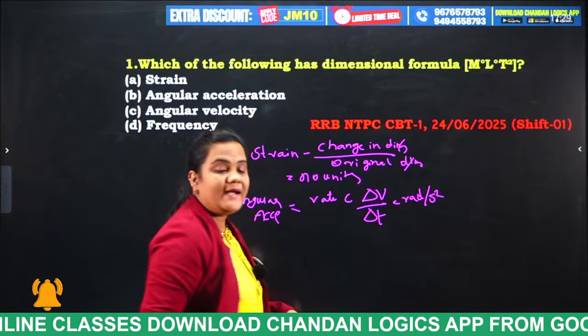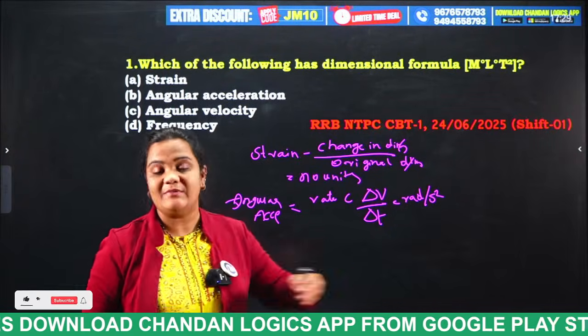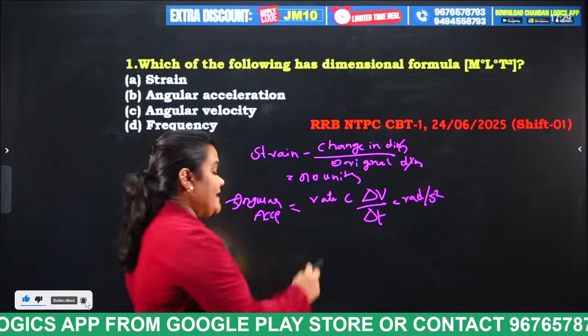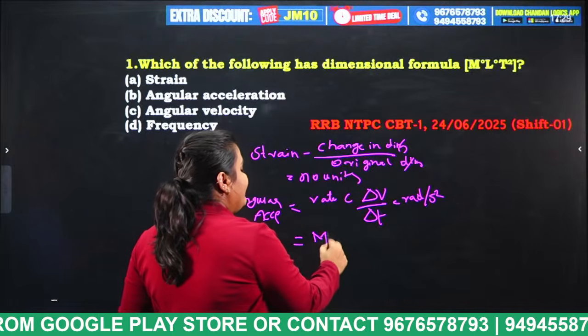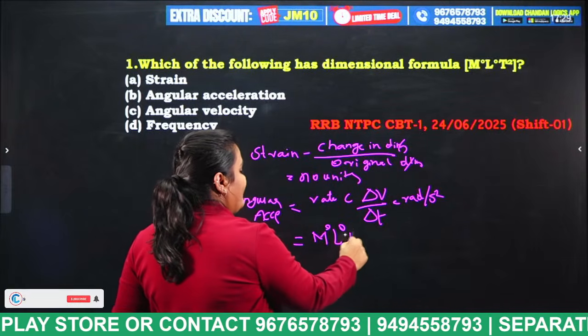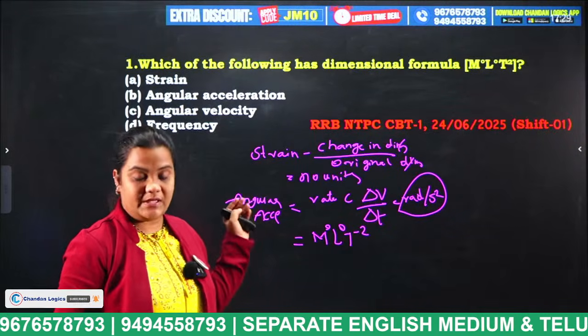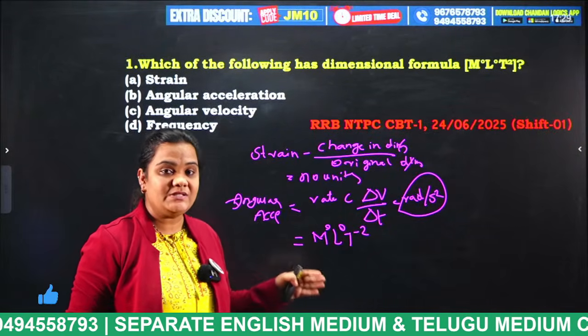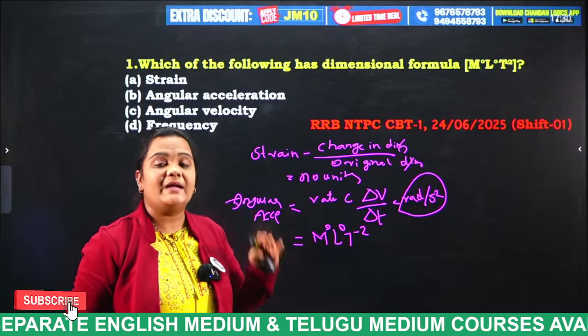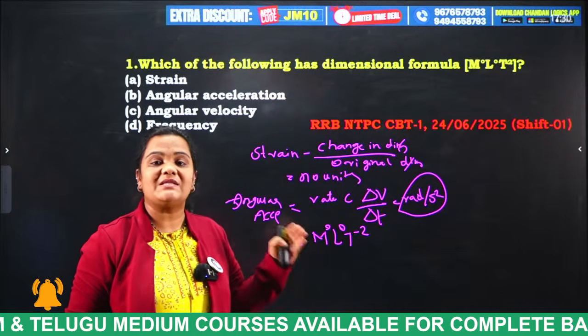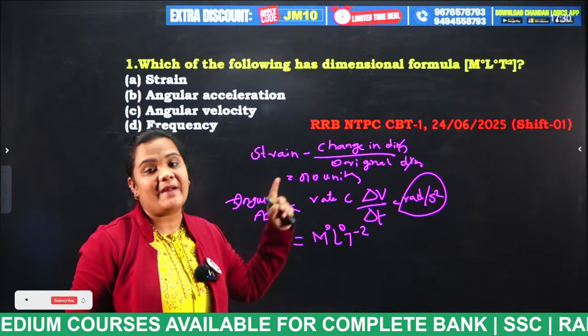You all know radians have no dimensions. So what may be the dimensional formula? M power 0, L power 0, T power -2. Why? Because the unit of angular acceleration is radians per second square. Radians do not have dimensions, and 1 by s square is nothing but T power -2.